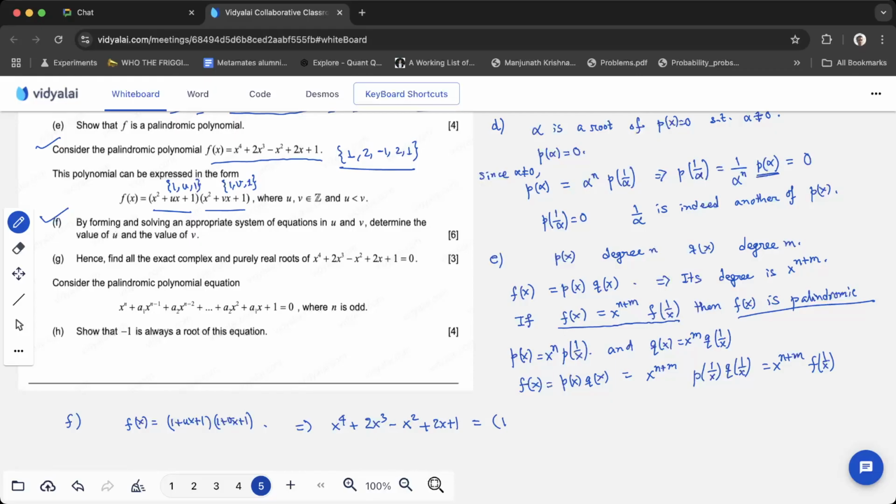If we expand these two factors, we will get 1 plus u plus v times x cubed plus uvx squared plus u plus vx plus x to the power 4.